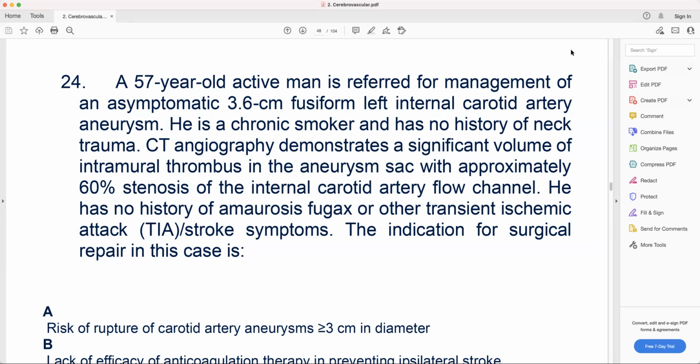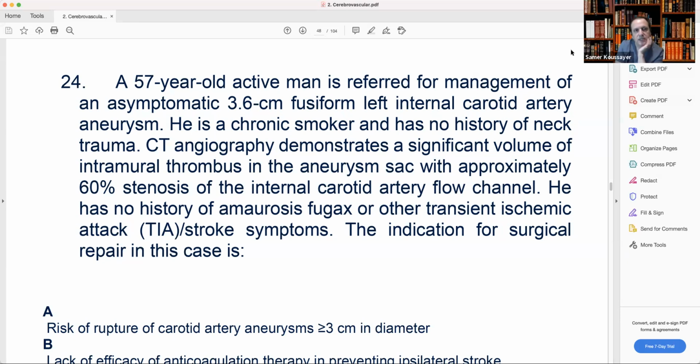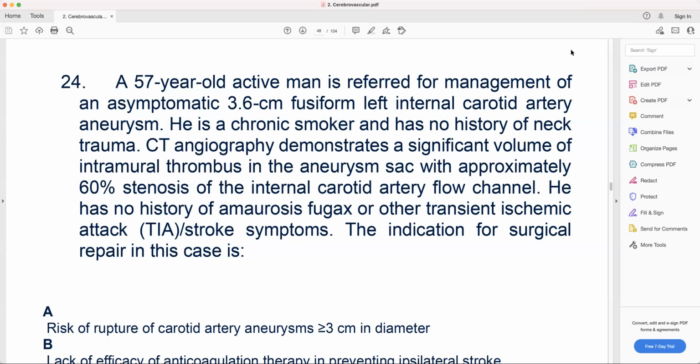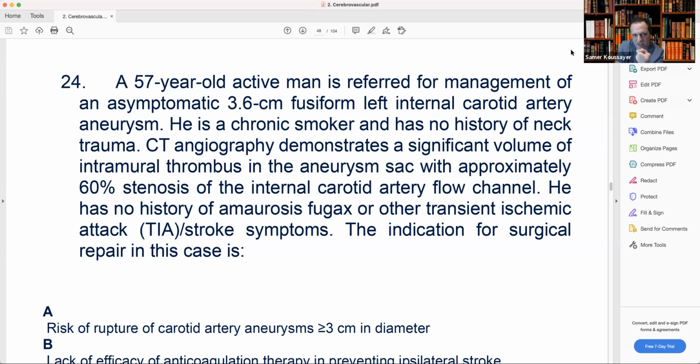He has no history of amaurosis fugax or other transient ischemic attack or stroke symptoms. The indication for surgical repair in this case is... Okay, before you start, they're talking about an asymptomatic internal carotid artery aneurysm, 3.6, correct? Yes, plus 60% stenosis of the internal carotid artery.